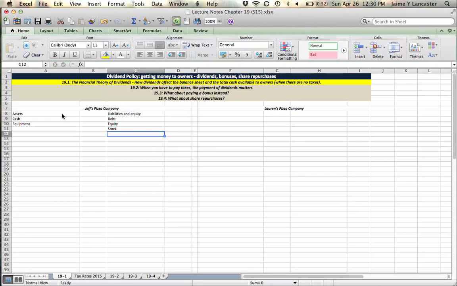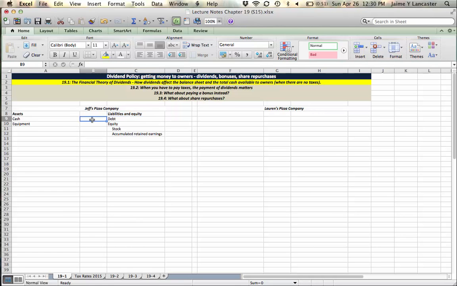Stock, the money that you invest in the firm when you file the articles of incorporation, and then accumulated retained earnings, which is all of the net income that you have ever made but not paid out as dividends. So let's bold these two.